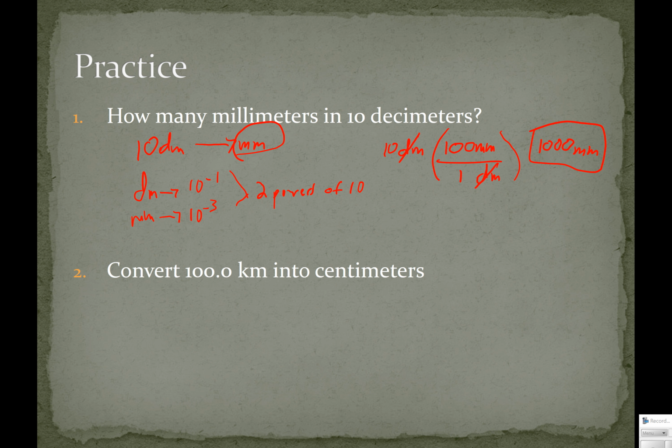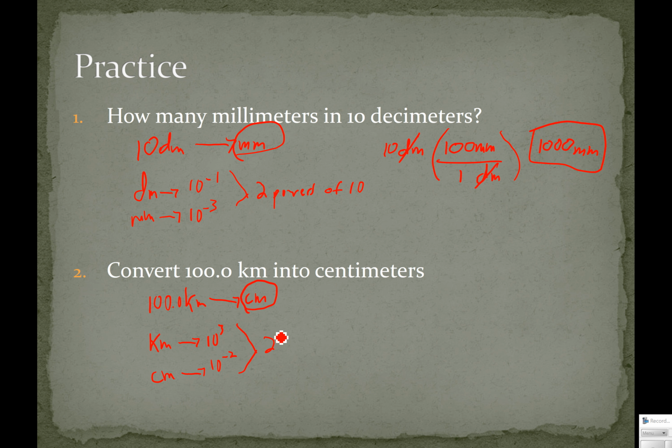Now we'll do the same process for number 2 here. Convert 100.0 kilometers, km, into centimeters. So we want to take 100.0 kilometers and convert this into centimeters, and that's our target unit. Okay. Now kilometer has a factor of 10 to the third, and centimeter, or centi, has a factor of 10 to the minus 2.